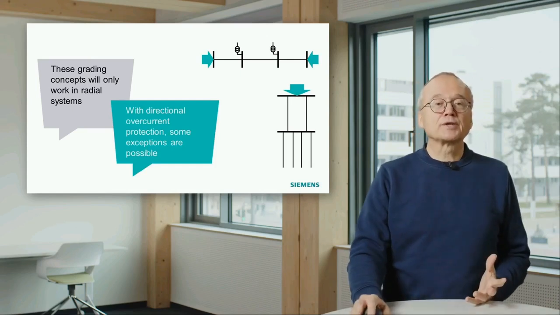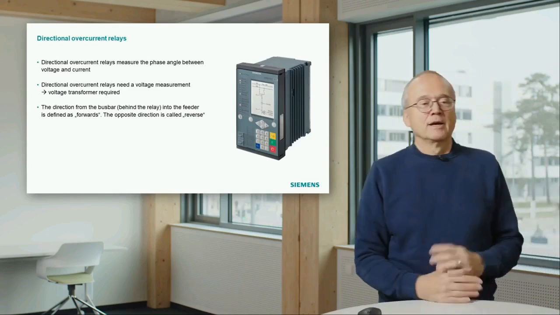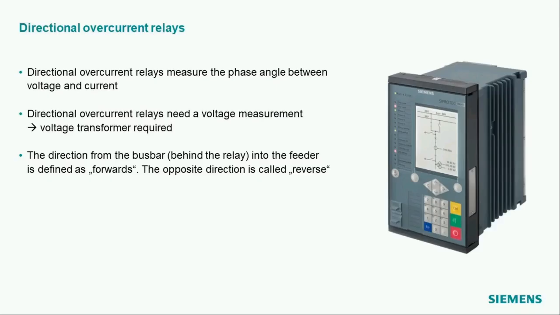Now the first question is, what is directional overcurrent protection? You could say it is simple. It measures the direction of the current. But remember, we have AC, and in AC the direction of the current changes 100 times or 120 times per second. So what is the direction?